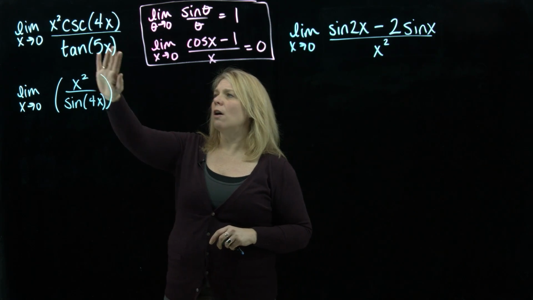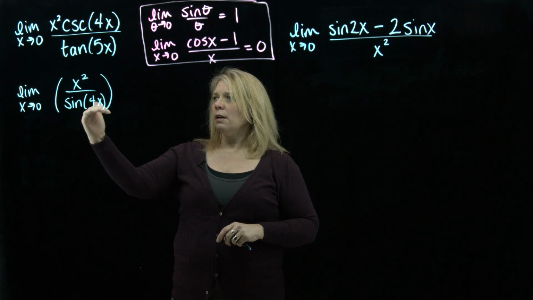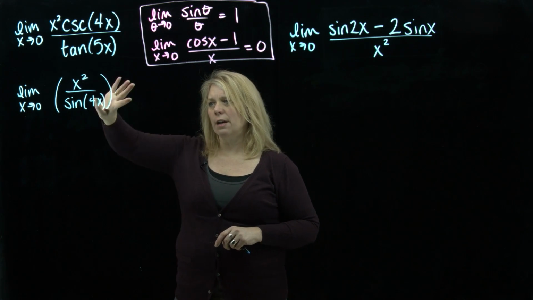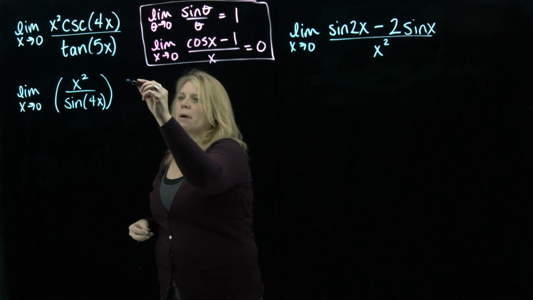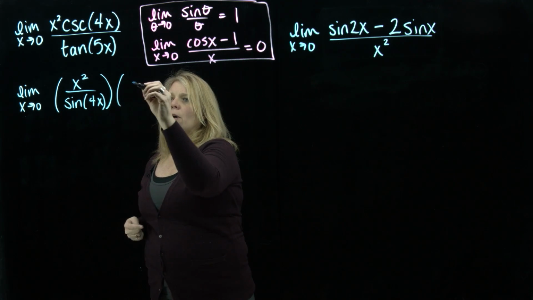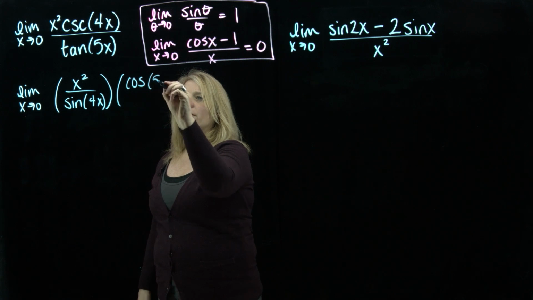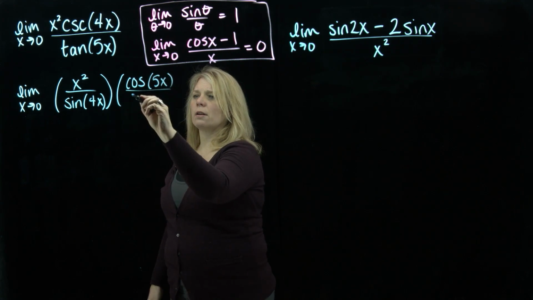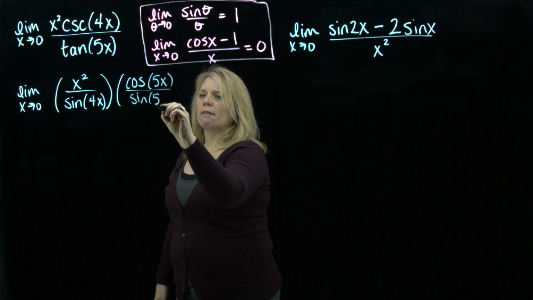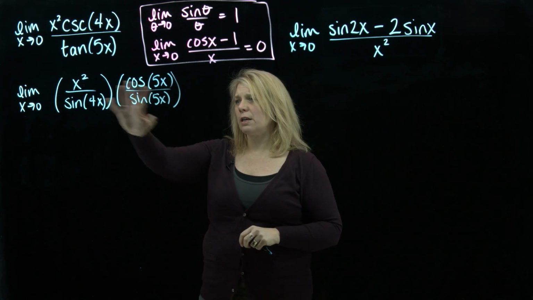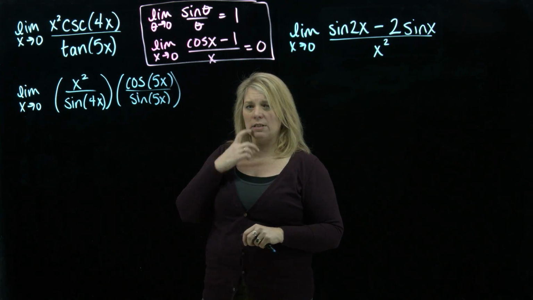And then I could have all of that over sine of 5x over cosine of 5x, but instead of putting a fraction over another fraction, we're going to multiply by that reciprocal. So the reciprocal of sine over cosine would be cosine of 5x over sine of 5x. All I've done is rewrite the original expression in terms of sines and cosines.